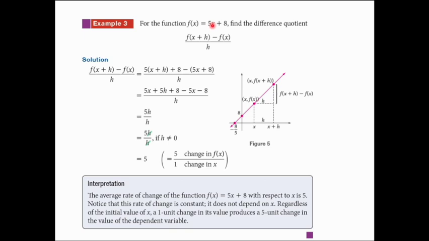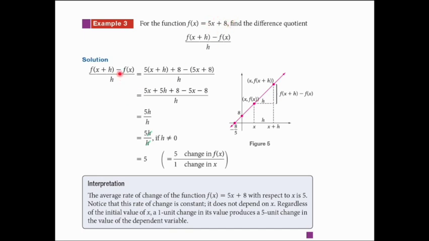So in here, for this x next to the 5, I'm going to put in x plus h. So my function for f of x plus h, I would rewrite it as 5 times x plus h. This was the old x. We're replacing it with x plus h. Then we have this plus 8 here. So that's this function right here.